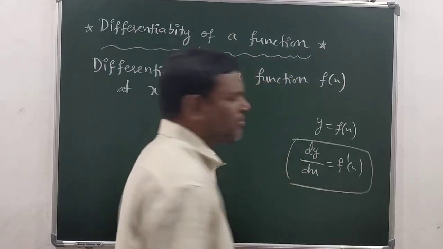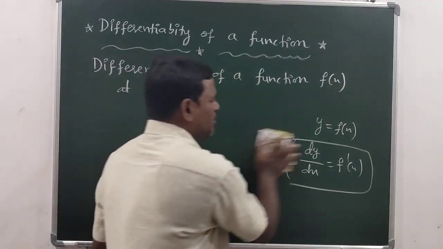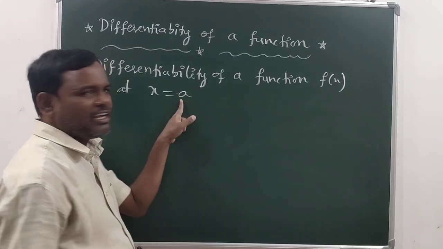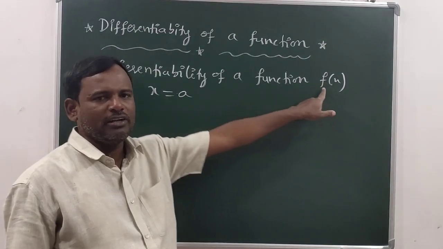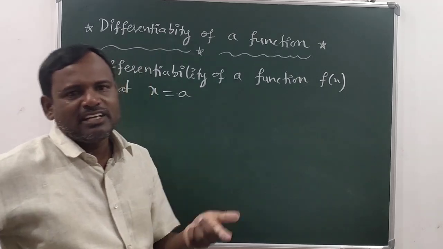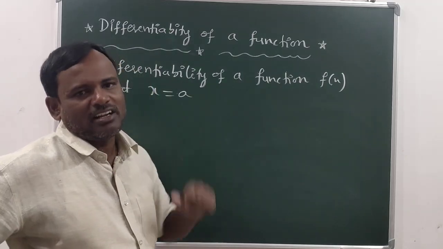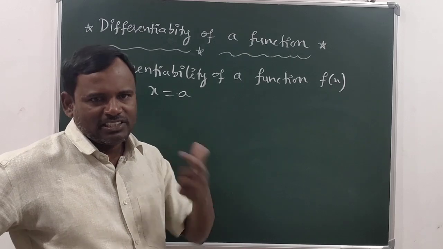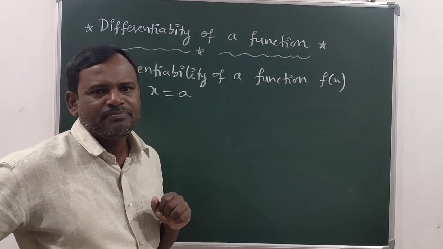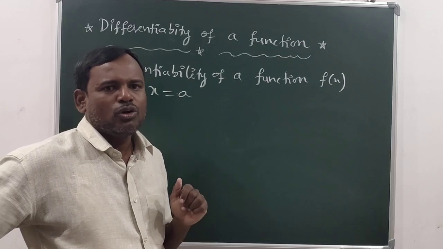So here in this chapter, what you people have to do? This is the name of the function, and a is one of the points in its domain where a tangent exists or not. If the tangent is possible, then it will get a slope.